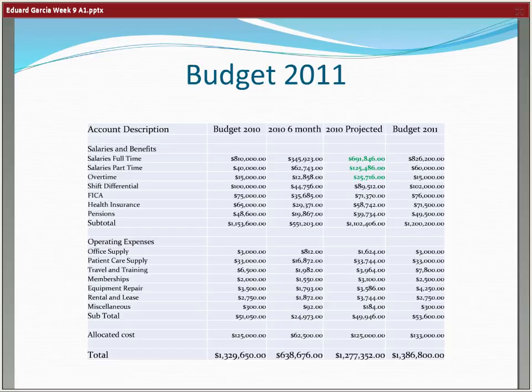First, it will be reduced the amount of salaries for full-time, it will be reduced the amount of shift differential, it will be reduced the amount of health insurance and pensions, and at the same time the travel and training will be done only for full-time so we can see a reduction in those numbers too.